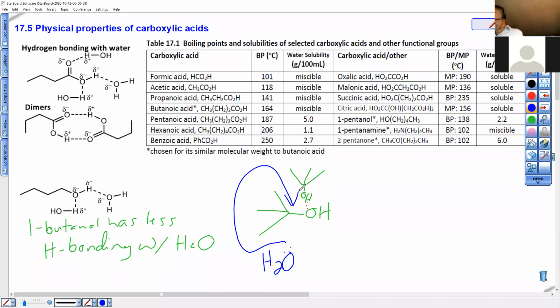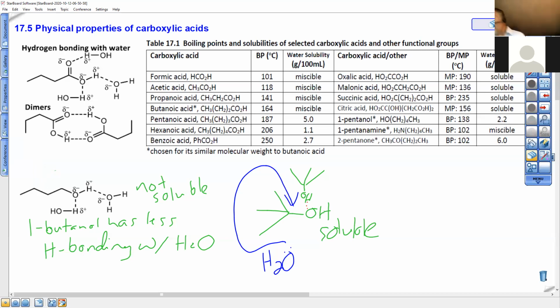That's not a mechanism, that's water sneaking in there because there's a gap between the branched carbons. So soluble and not soluble. Oh, we already have its name. Okay.